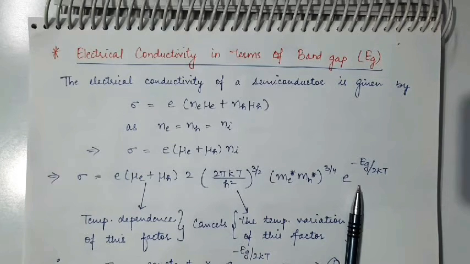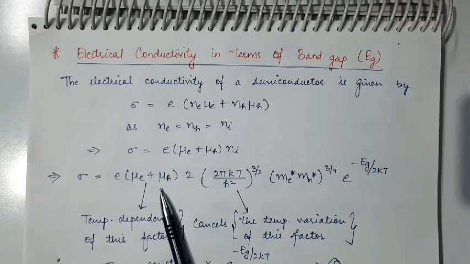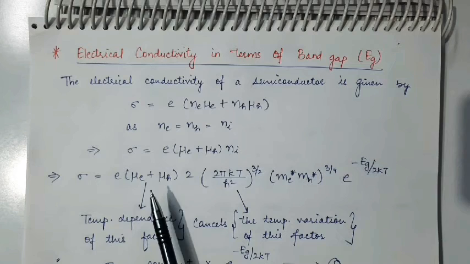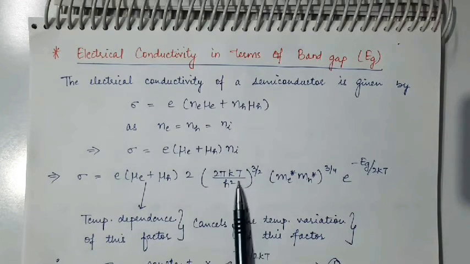So what happens is that the temperature dependence of this mobility gets cancelled out with the temperature dependence of this T^3/2 factor. Because of that, the only factor left is this.